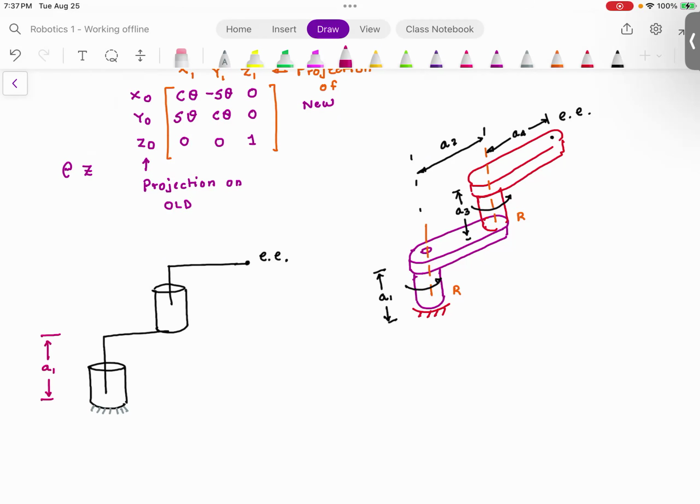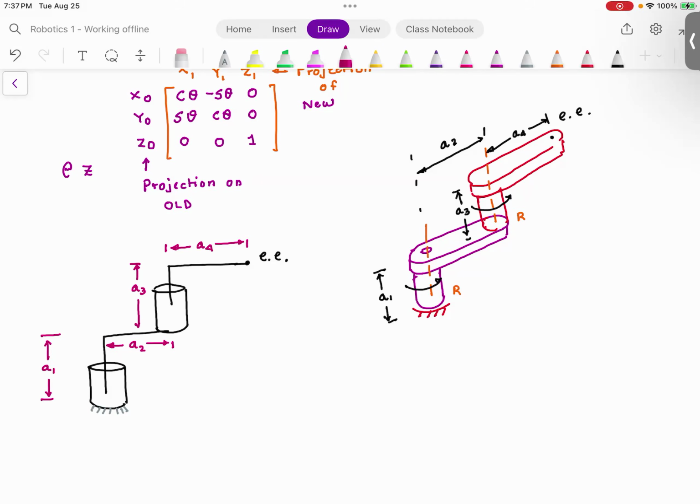This link distance is A2. This link is A3. And this link is A4. So you have A1, A2, A3, and A4.